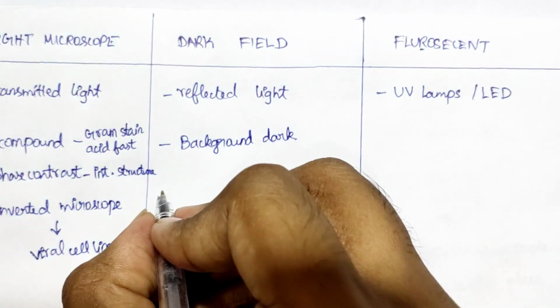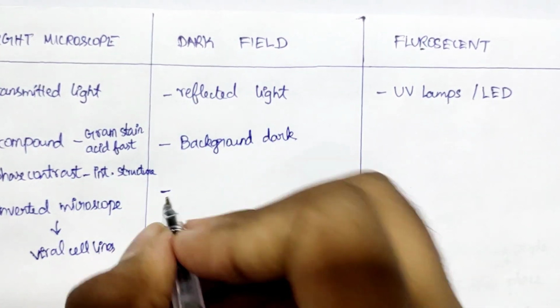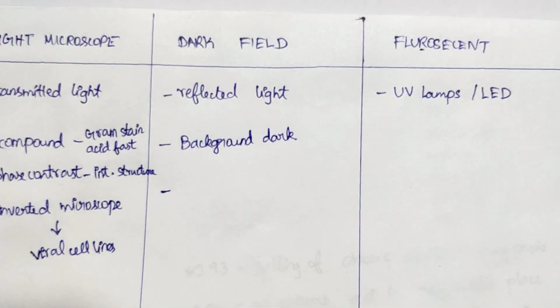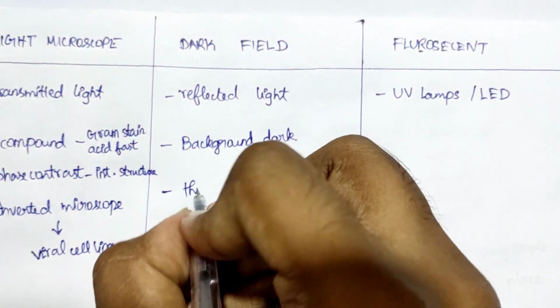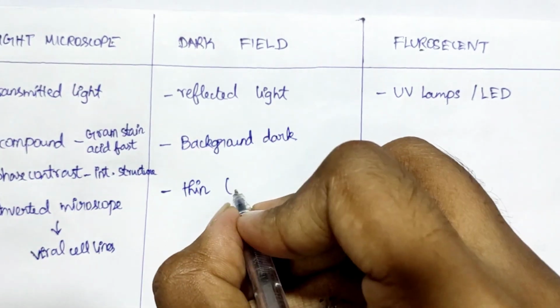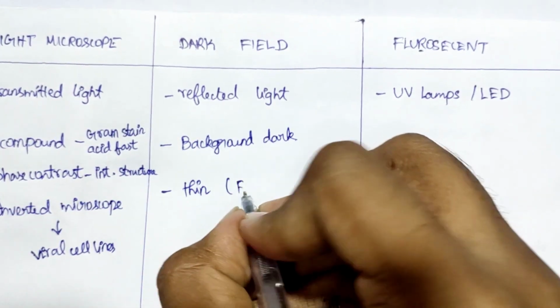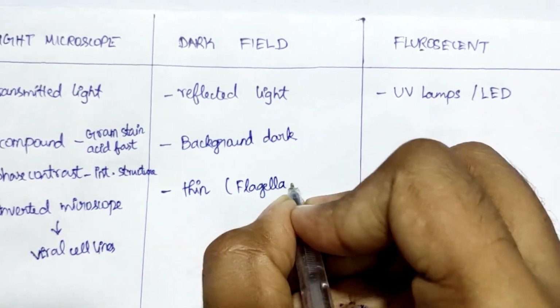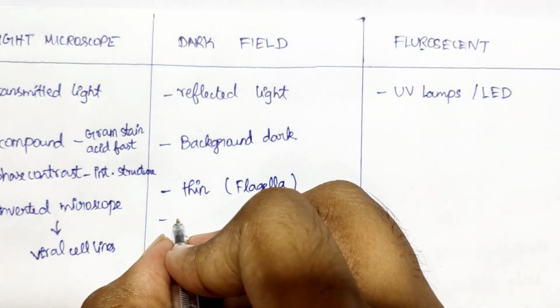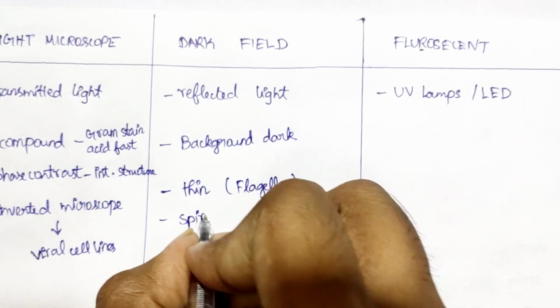Okay, what is the use of the dark field microscope? It is used to see tiny locomotive structures or very thin structures, like flagella, and it is used to see organisms like spirochetes.